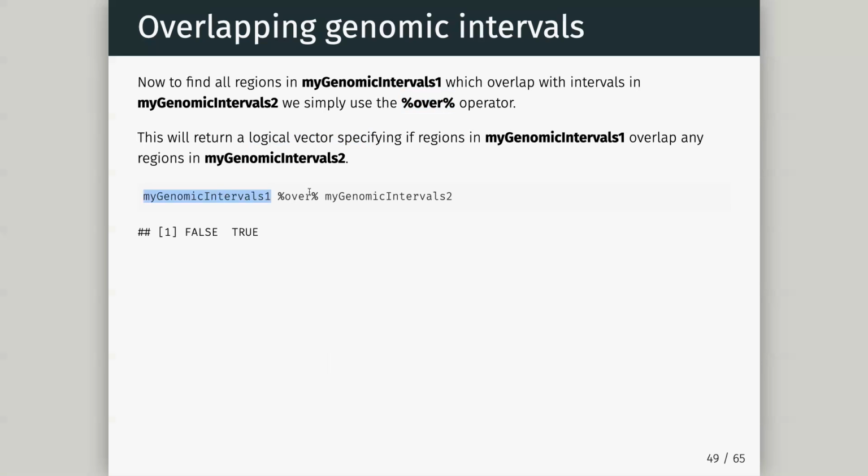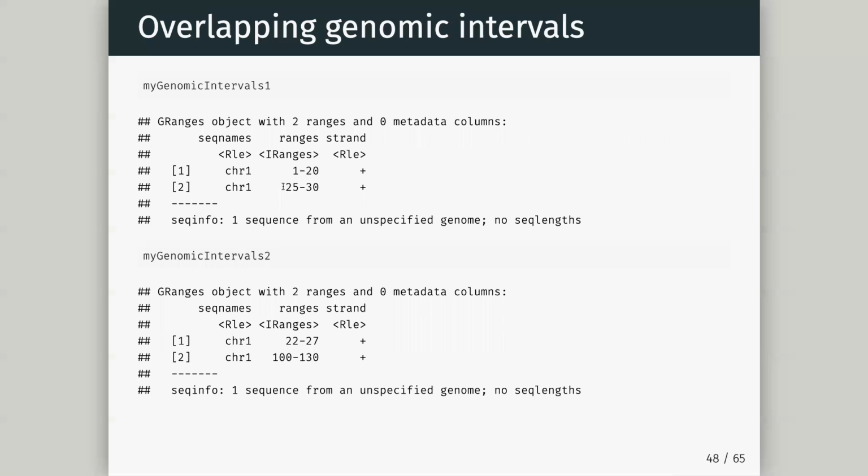So if I do my genomic intervals over my genomic intervals 2, then it's going to give us false true, because it was the second one here which overlapped with any regions in here. Okay. False, because this doesn't overlap with any regions.